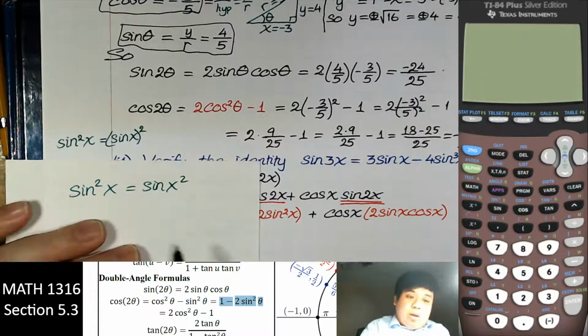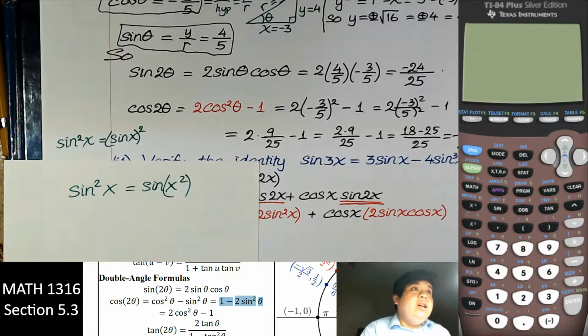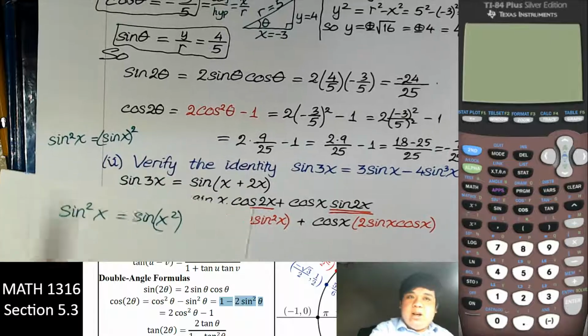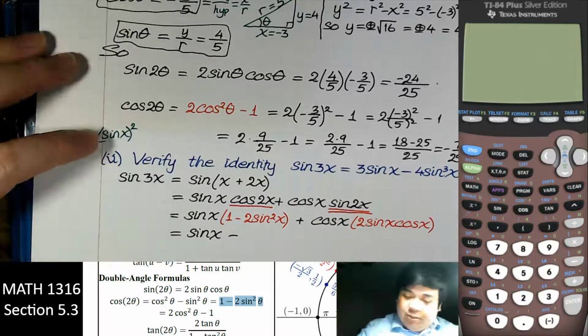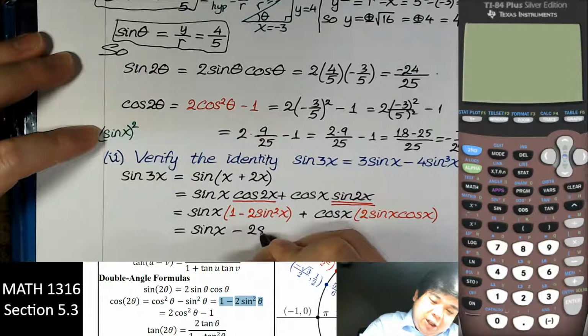This is completely two different things. Because when we write like that, usually we mean sine of x squared, and this is sine of x first, and then we square it. So don't do this. Do that. So sine times sine square is sine cube.